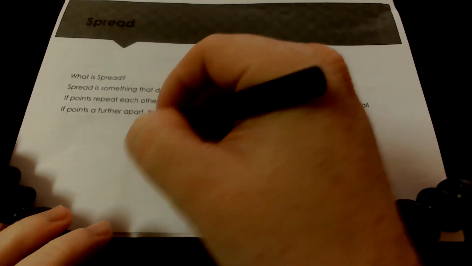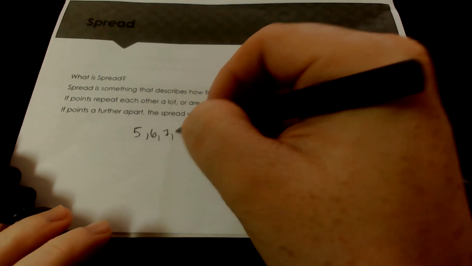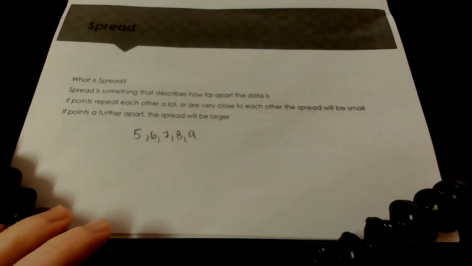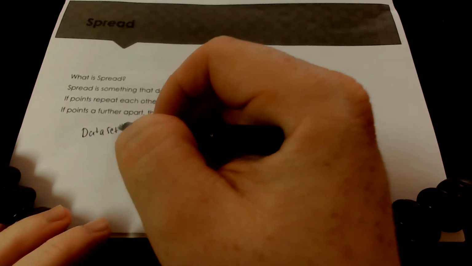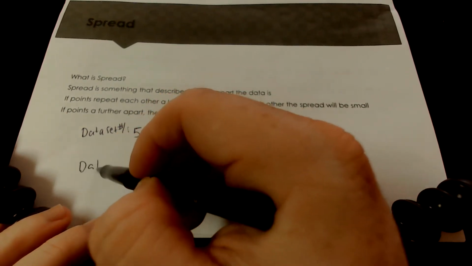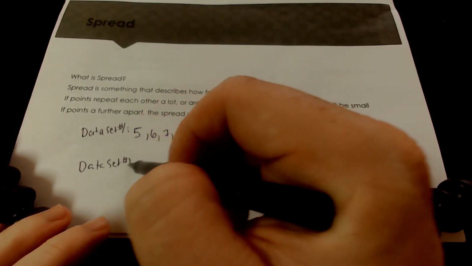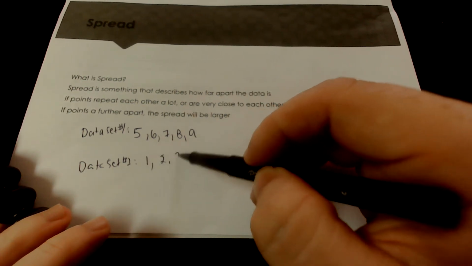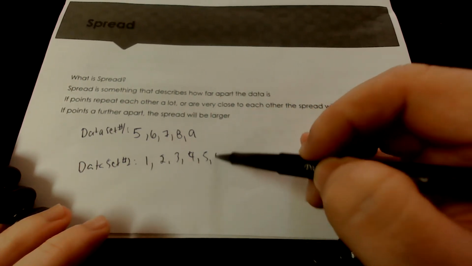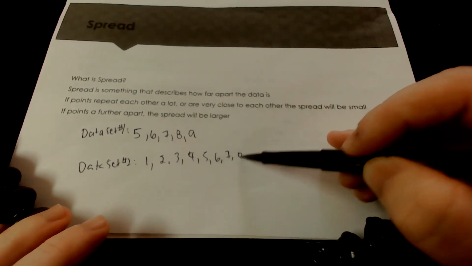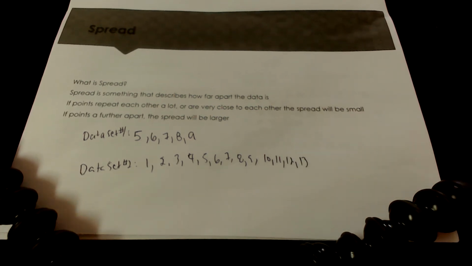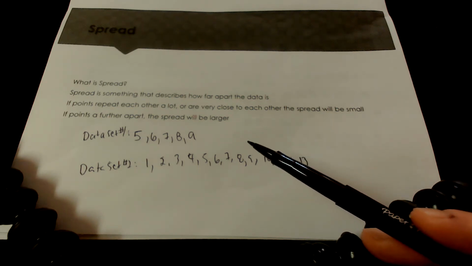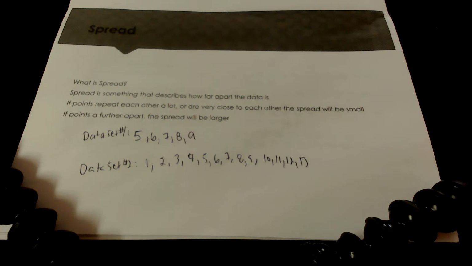So if I were to have, say, this data here, so this is data set 1, and then data set 2, let's say it's 1, 2, 3, 4, 5, 6, 7, 8, 9, 10, 11, 12, 13, we would say that this data set is much more varied, or the spread is much larger than this data set, simply because there's more points and the range goes across it.